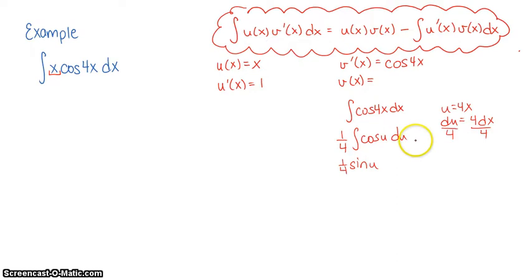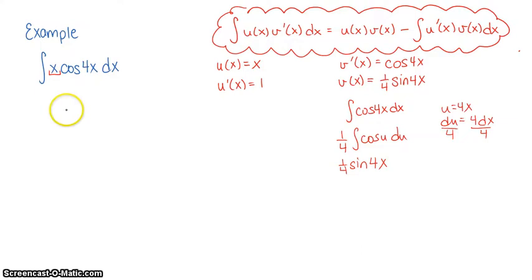And if we plug in our u of 4x, we get that. So we're working with this sine 4x. Now technically it's plus a constant as well, but keep in mind we're plugging it into the integral formula, so we don't need to worry about the constants.